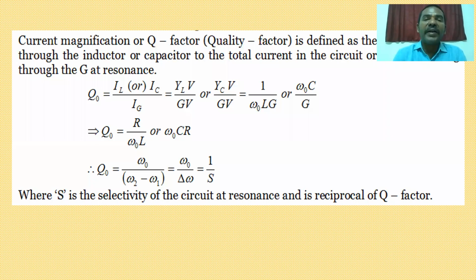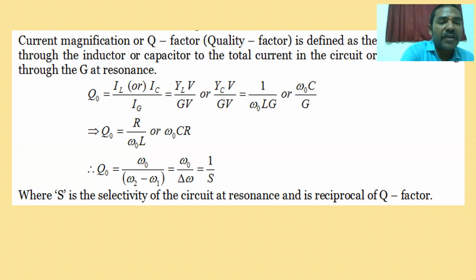Then come to the quality factor. For a parallel circuit, the quality factor can be treated as the current magnification factor, because the overall current is divided into different parallel branches. For that reason, the quality factor in a parallel circuit is the current magnification factor. The current flowing through the inductor must be equal to the current flowing through the capacitor, and that must be equal to the current flowing through the conductor.